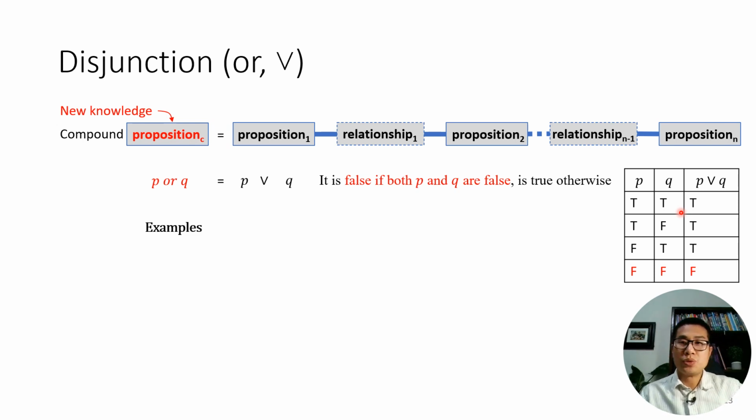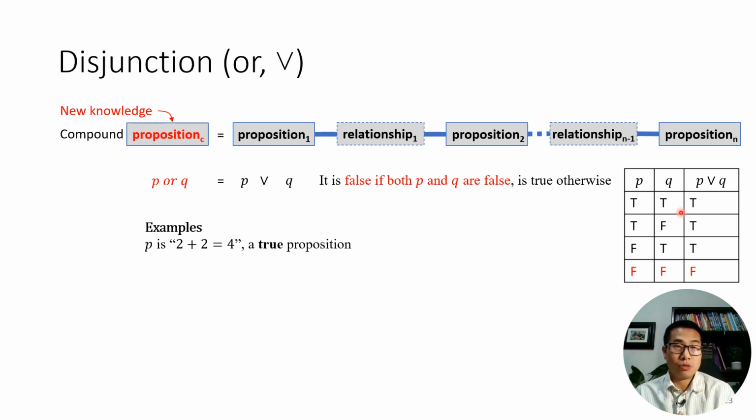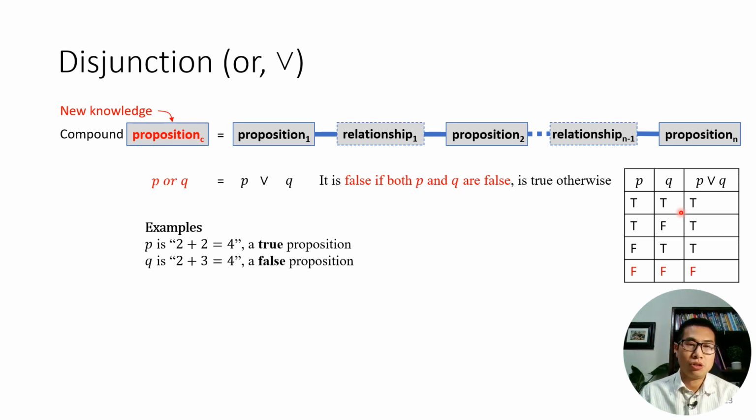The example of this is P is 2 plus 2 equal to 4, which is a true proposition. Then Q is 2 plus 3 equal to 4, and this is a false proposition.